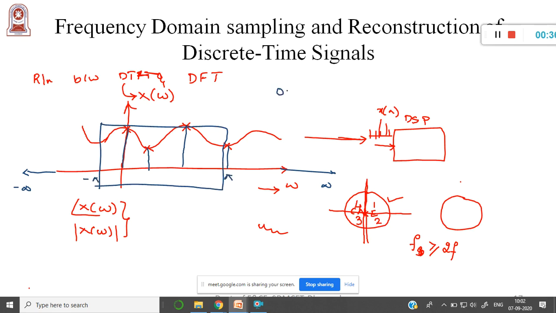Why do we say it is periodic? After every 2 pi the cycle is repeated, from 3 pi to 4 pi, and so on. The next cycle is once again the same as this first cycle.